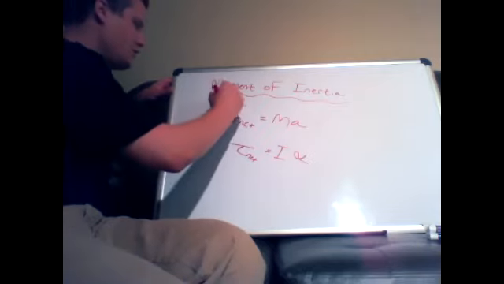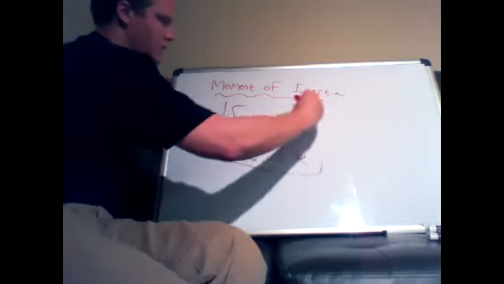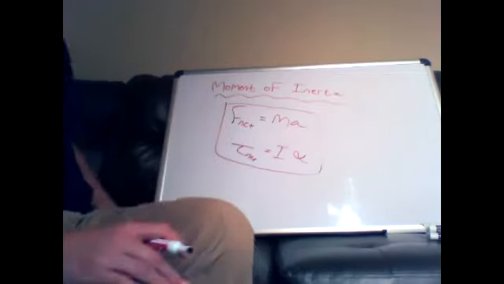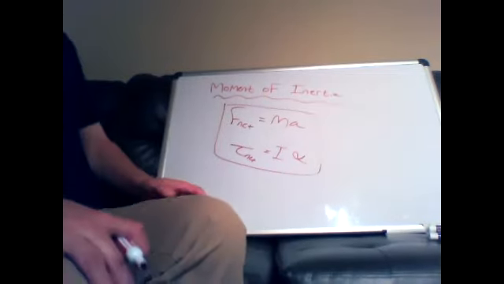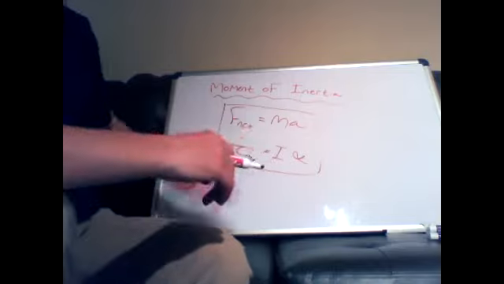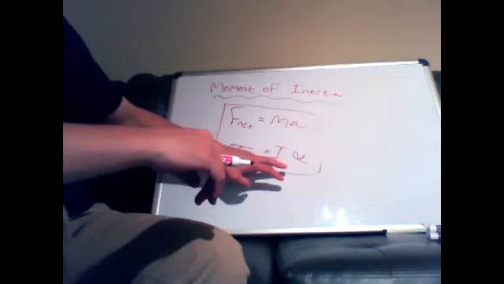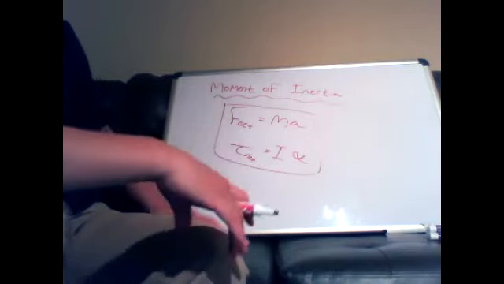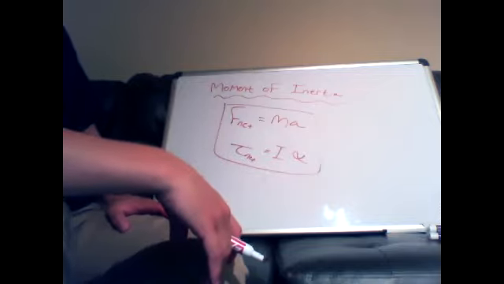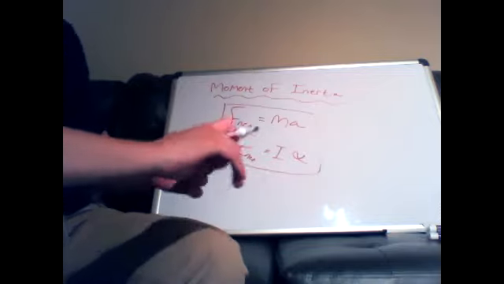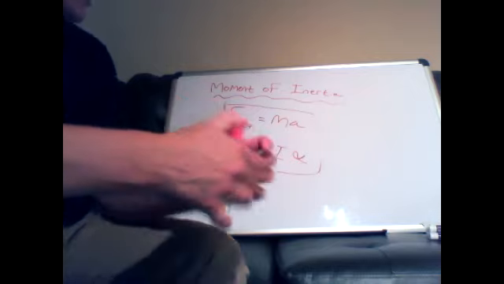And so you can see that these two equations, when we start getting into static equilibrium, we're going to make use of both of those equations quite often. But the important part is this: now instead of mass, we have something called the moment of inertia, which tells us how difficult it is to get something to rotate. And instead of force, we have torque. But that is what a moment of inertia is.